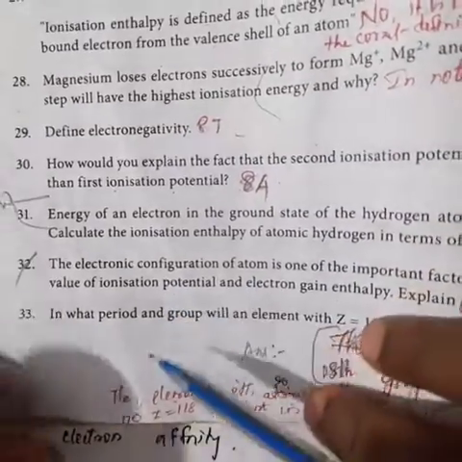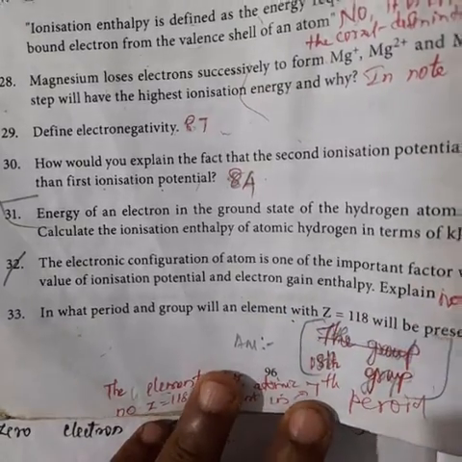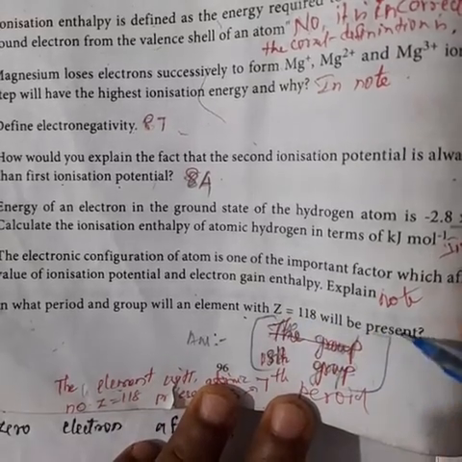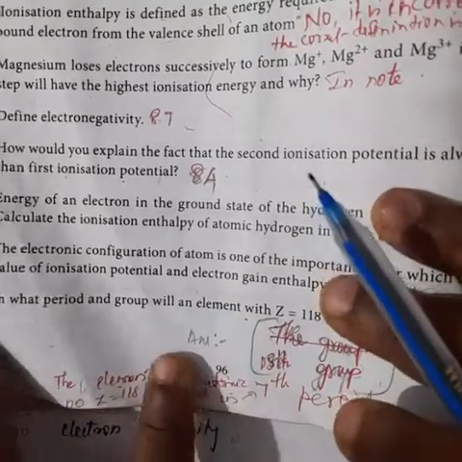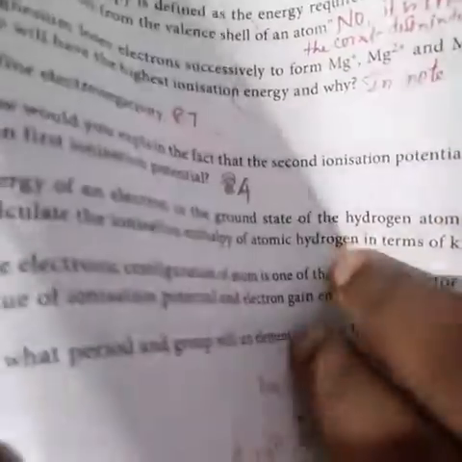In what period and group will an element with atomic number Z equal to 118 be present?